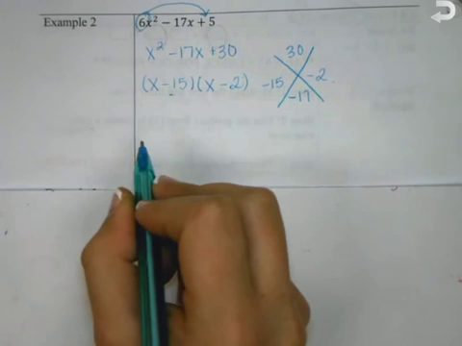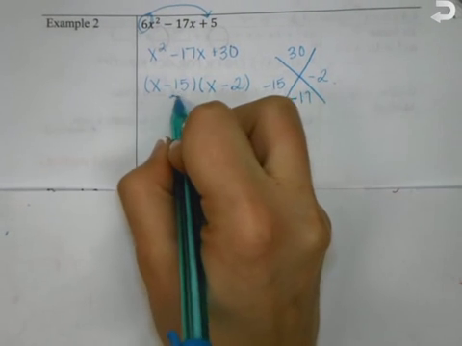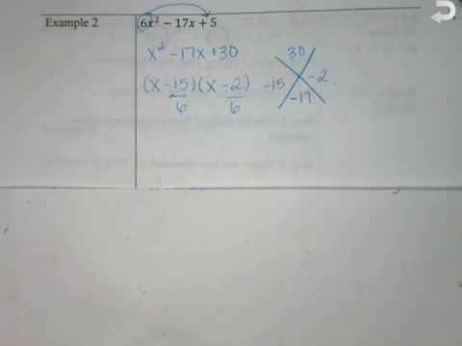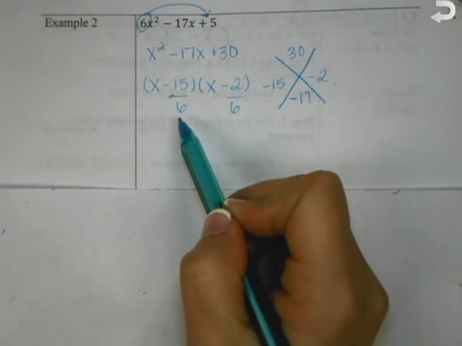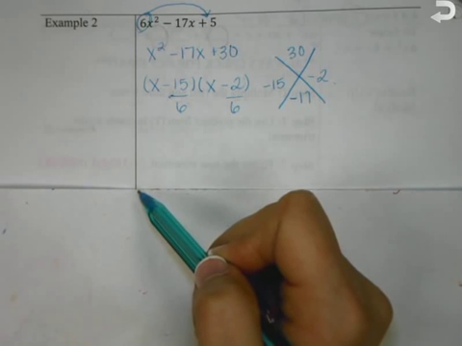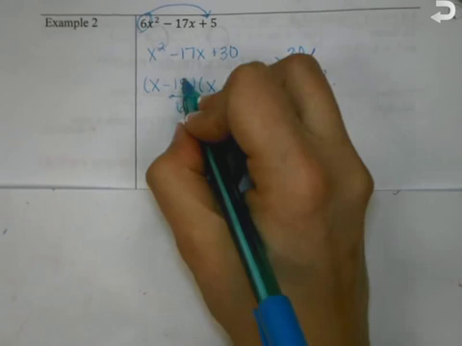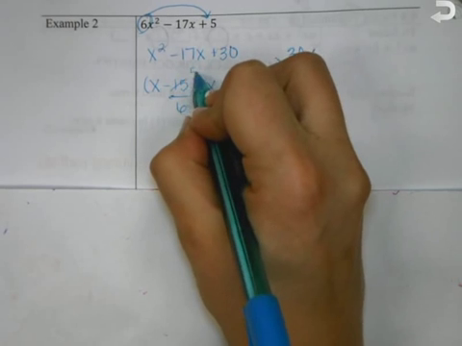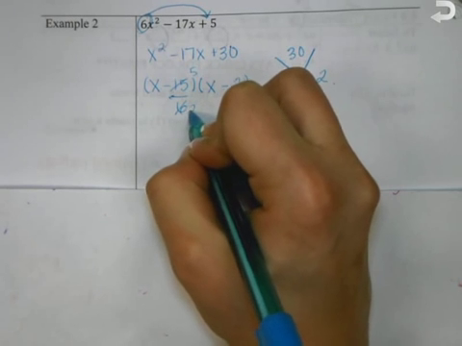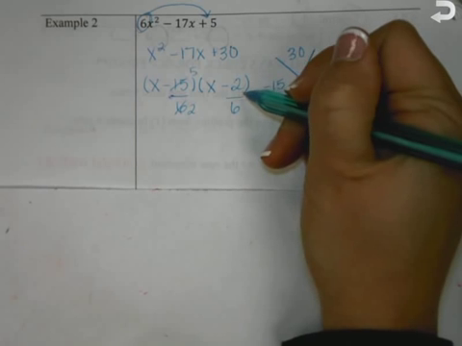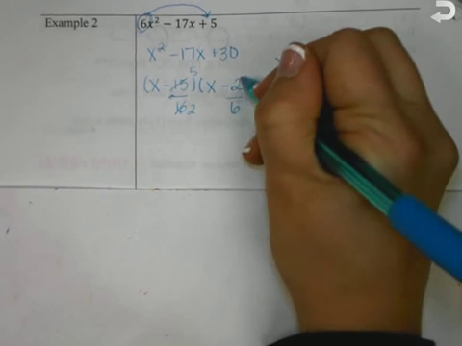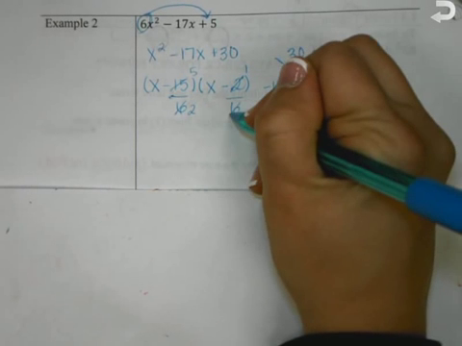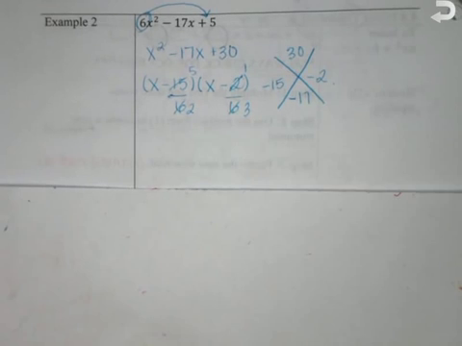So I'm going to divide both of those numbers by 6. Let's reduce. 15 over 6. Does that reduce, guys? By 3. 3 goes into 15 5 times, and 3 goes into 6 twice. Does 2 over 6 reduce? Yes, by 2. 2 goes into 2, and 2 goes into 6 3 times.